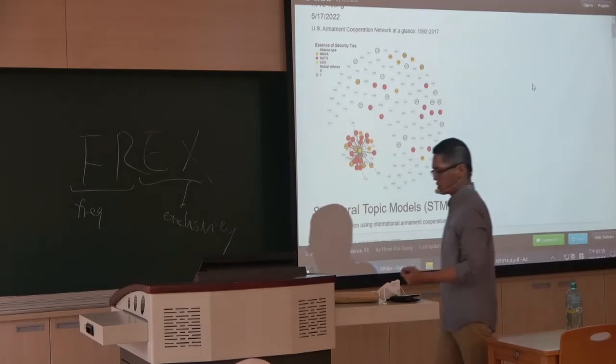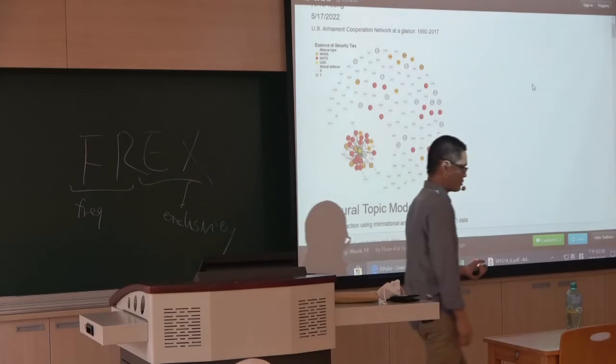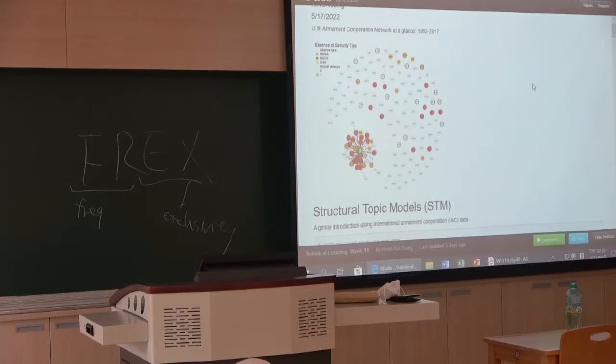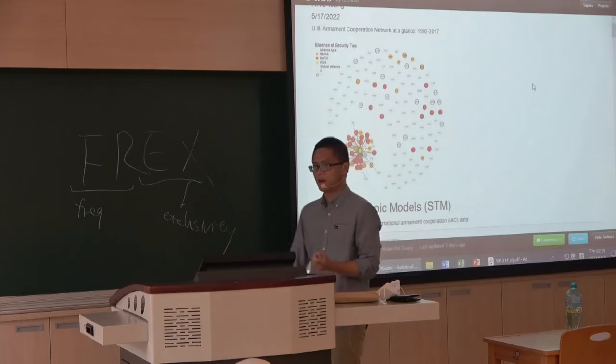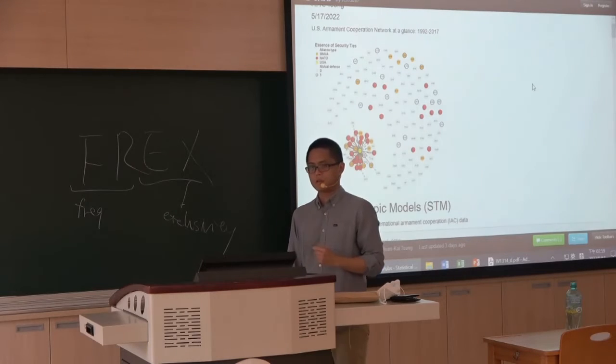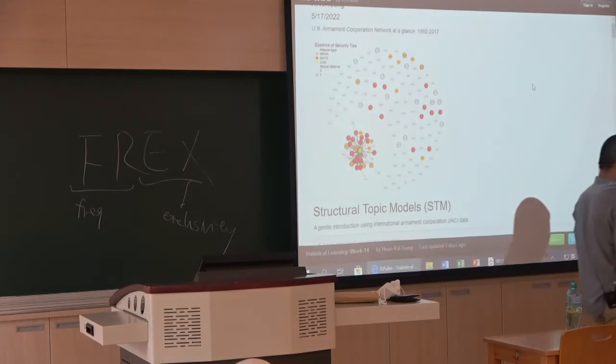Drawing on this rich collection of documents, I analyzed the pattern of collaboration between the U.S. and its allies. Can we infer some interesting relationship patterns from this text?